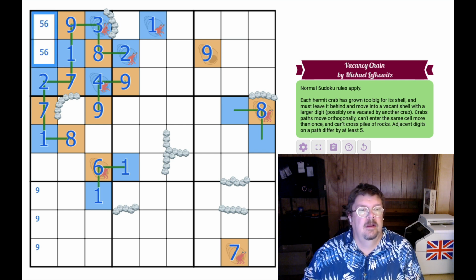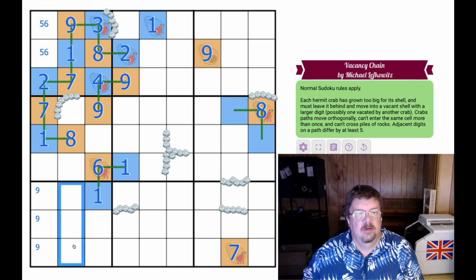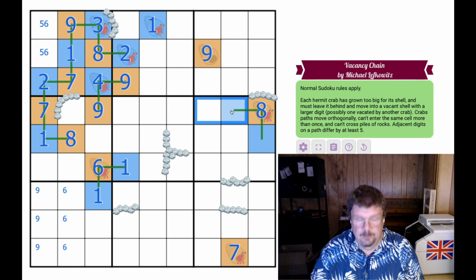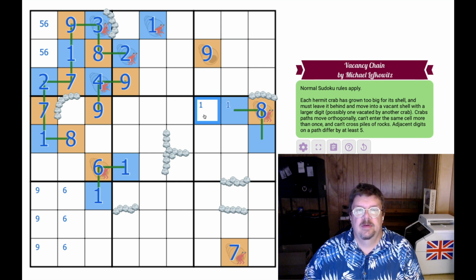That's a 5, 6 pair. That's going to place a 6 here. One of these two is a 1. This can still be a 1 if it's off the line. And in fact, if we determine that that is a 1, that will help us determine that the line can't go into it.